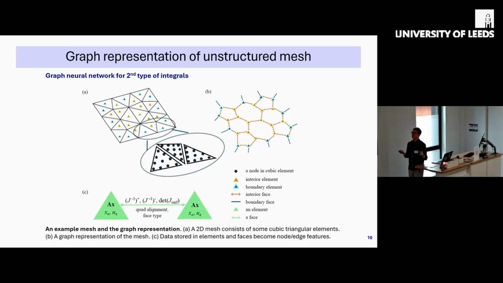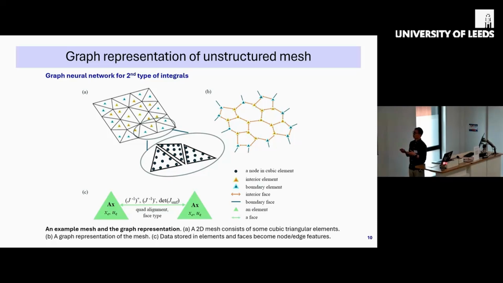And essentially, you can abstract that connectivity matrix into a graph. So each element, shown as a small triangle here, is abstracted into a triangle on this graph. And if they share an edge, they are linked by an edge on this graph.